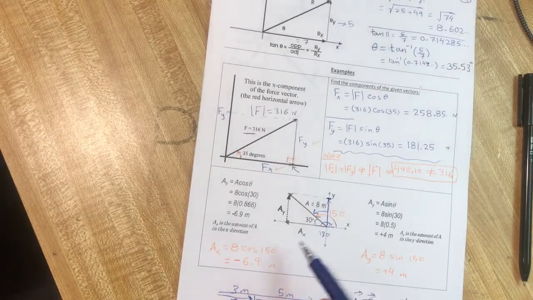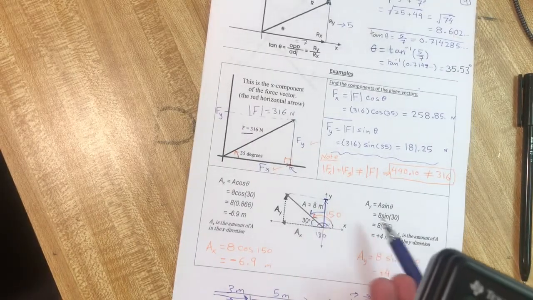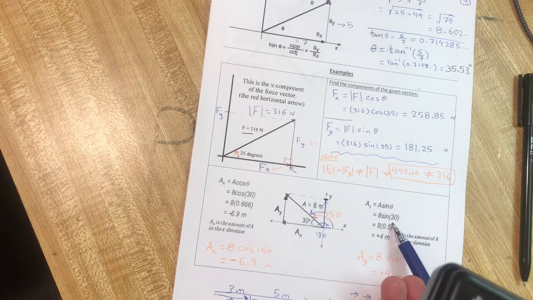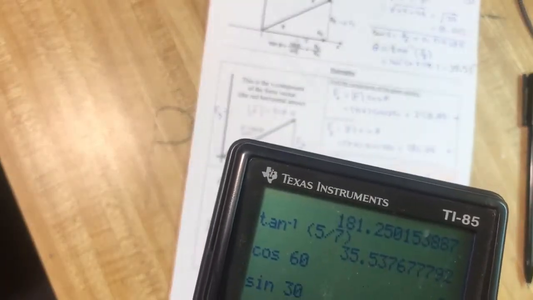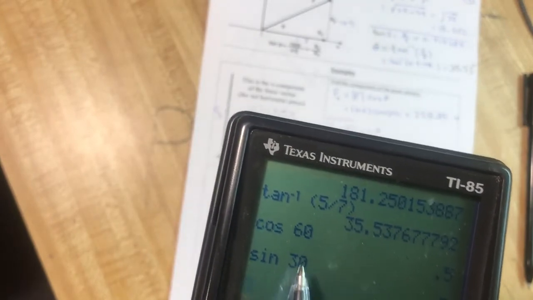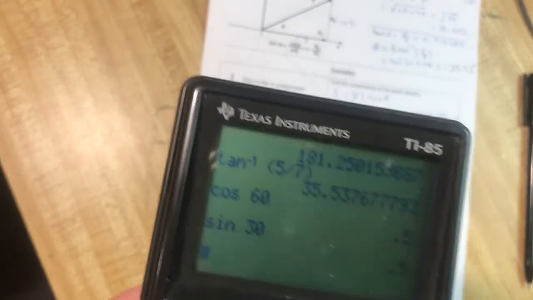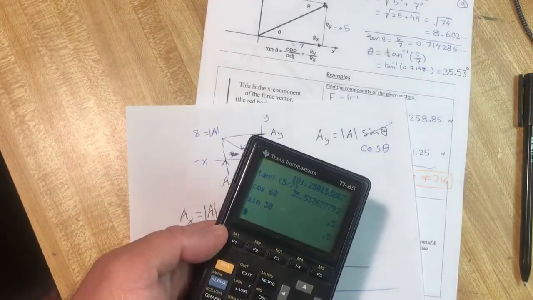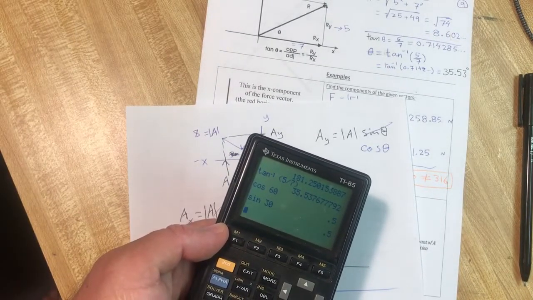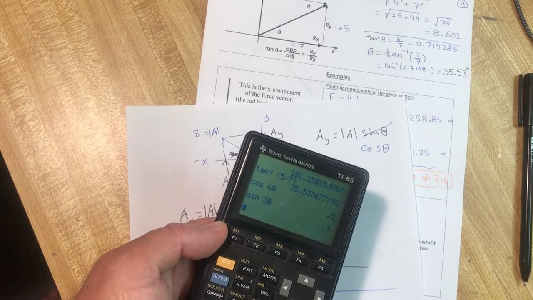When we take sine 30, it is half. Also, when we take cosine 60, which is the rest to 90 degrees, it is the same value. So it will be equal to 8 multiplied by half. It will be equal to 4. Okay.